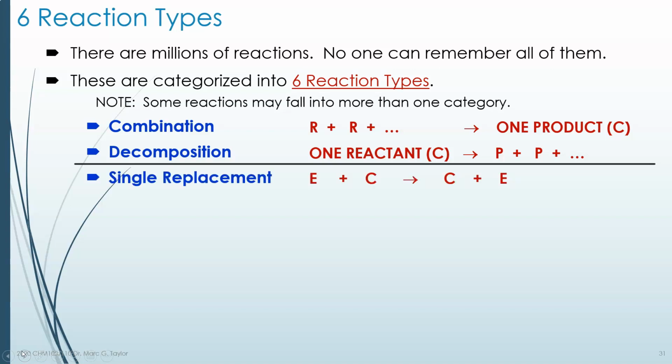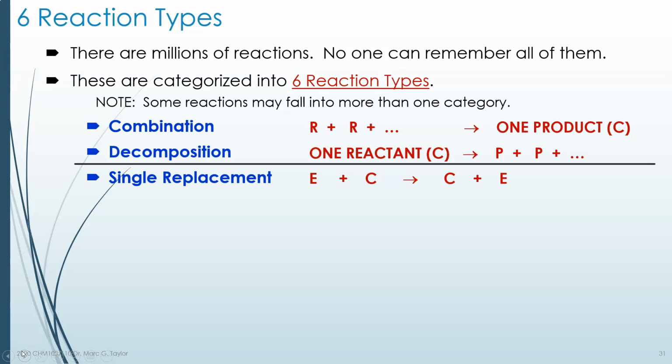Then we have what's called a single replacement, sometimes known as a single displacement reaction. And here we can recognize this because it will be some element, an elemental form of something. So it could be a single atom element or a diatomic element, but some elemental form, so it's only made of one kind of atom, will react with a compound that's obviously by definition made of a couple different kinds of atoms.